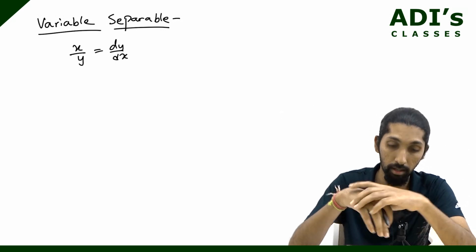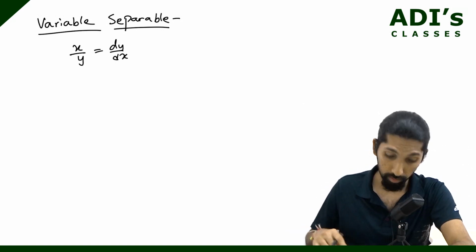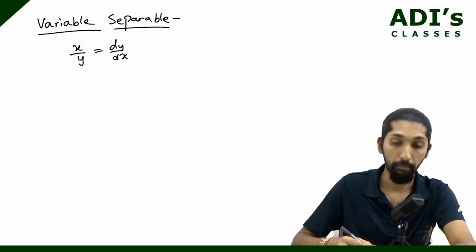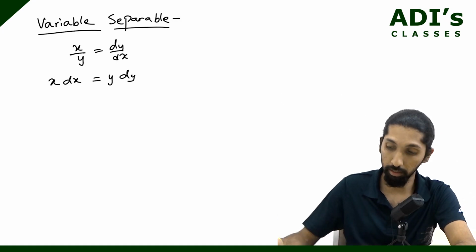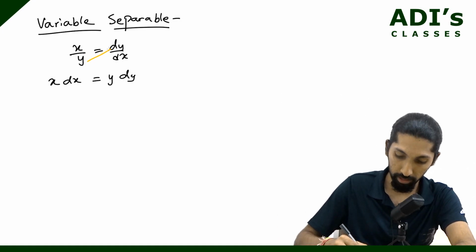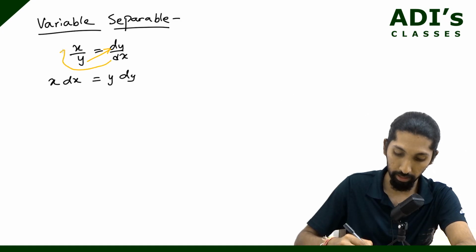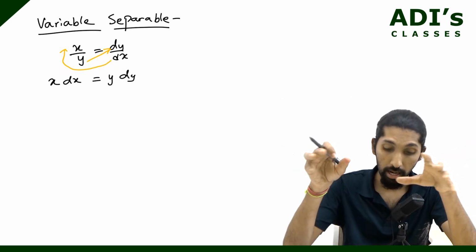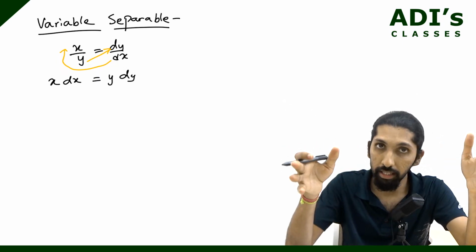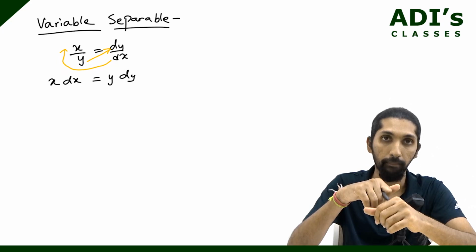Make sense? So what we are going to do now is separate: x dx is equal to y dy. So basically what did we do? We took the y this side and the dx this side, correct? You separated the variables and now we can integrate the LHS and RHS.